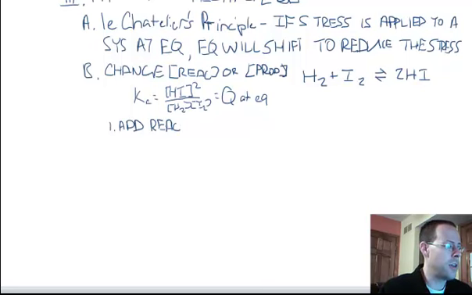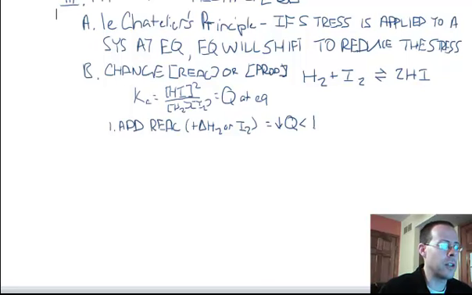Right, so if we go back to this idea of adding reactants or products, if we add reactant, that would mean in this situation that we're going to have a positive change in either H2 or I2. Okay, so we're changing it positively. We're making it larger. So that means that our Q is going to go down.